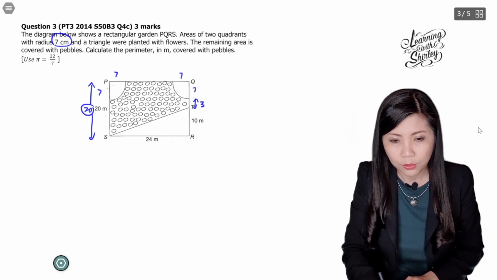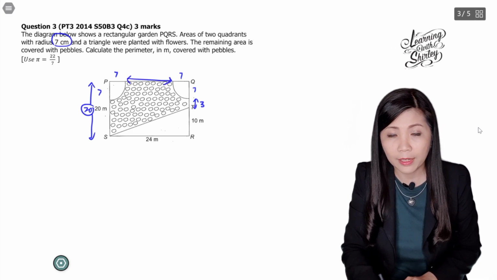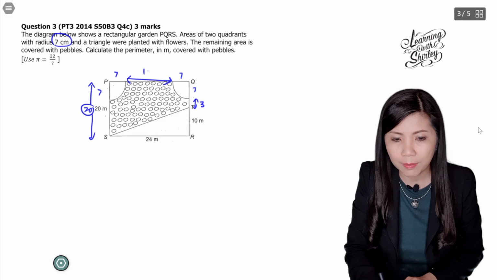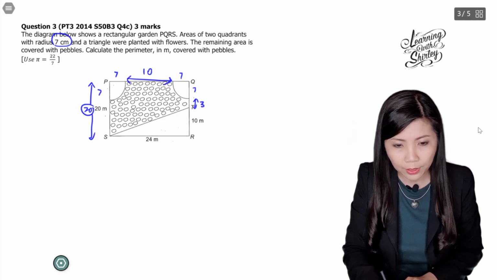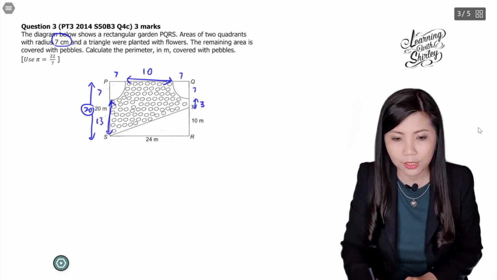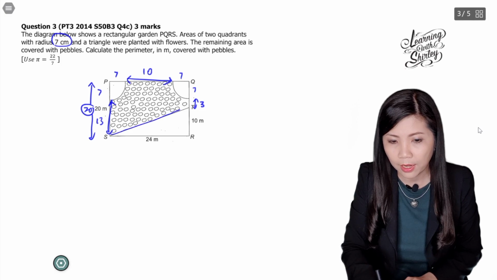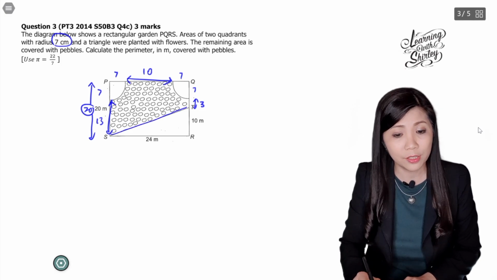And then to find from here to here, I'm going to use 24 minus 7 minus 7, which is 10 meters. This is 7, so 20 minus 7 is 13. Then we need to find ST. We're going to use Pythagoras theorem.